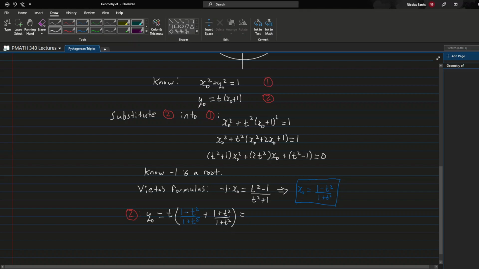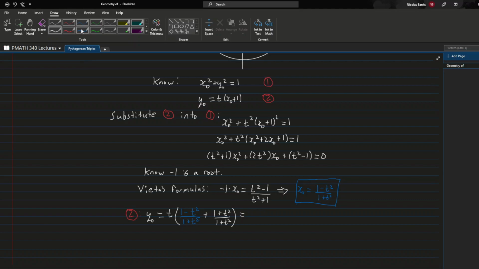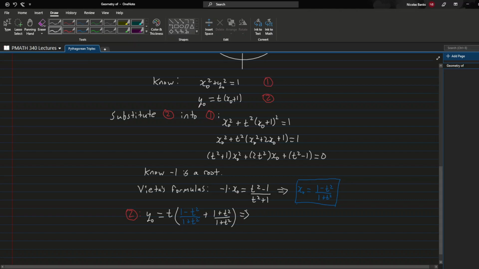What do we get? Well, you can see when we add those fractions, the degree 2 terms cancel, so we just get a 2. And multiply it by the t on the outside of the brackets, and we get that y naught equals 2t over 1 plus t squared.